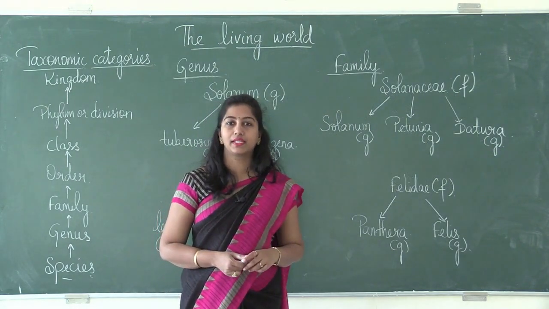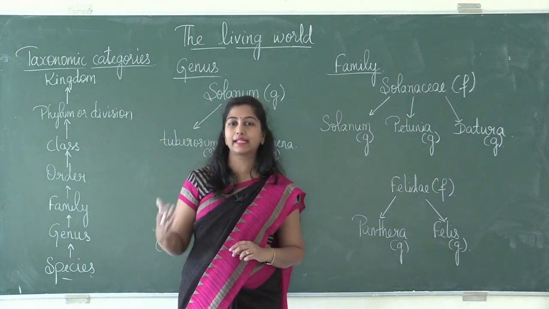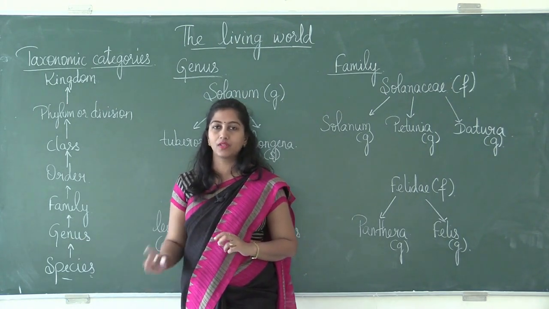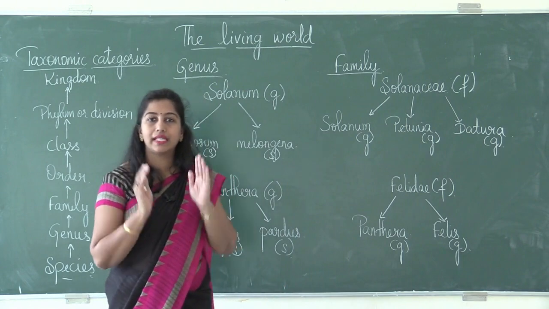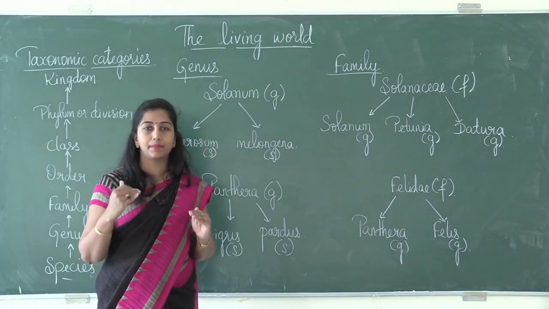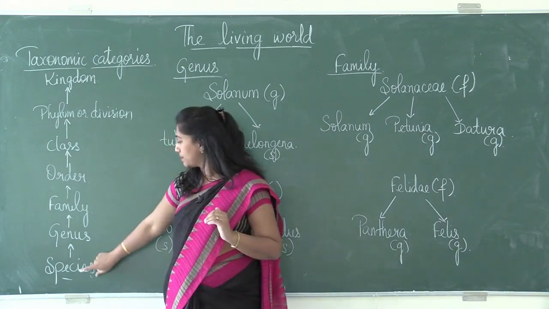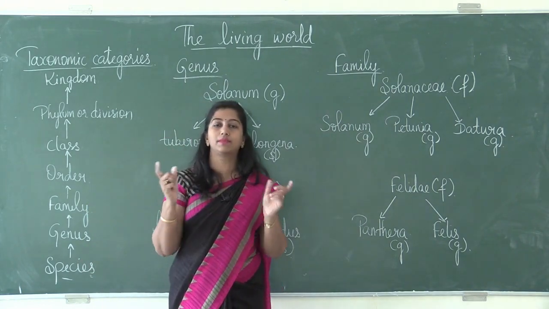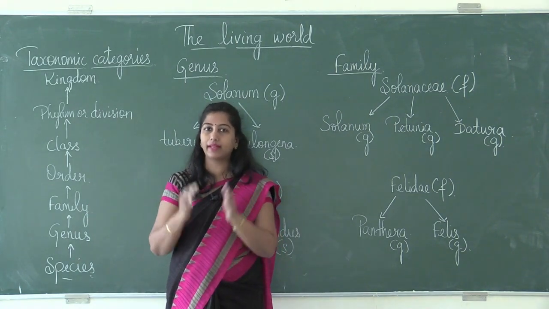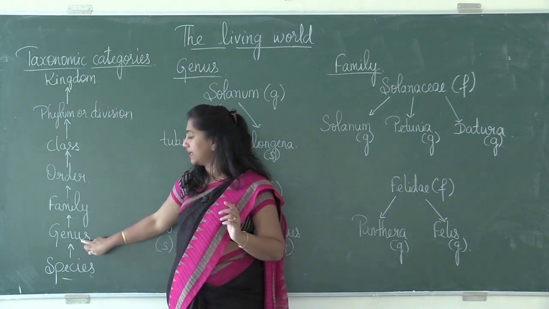After species, next we'll move on to the next taxonomic category, that is genus. So what is genus? Genus consists of a group of related species. When two or three species have a lot of similarities, then those species together are put under one genus.